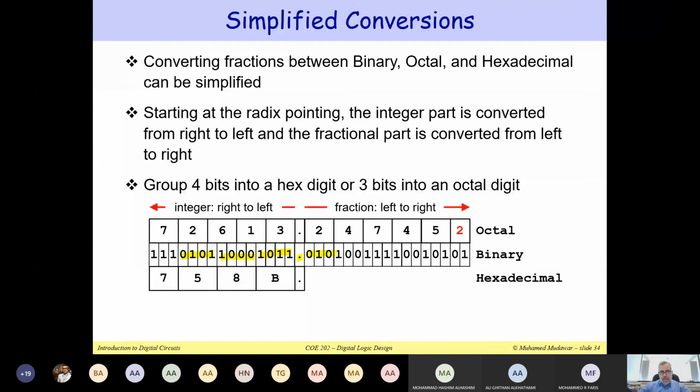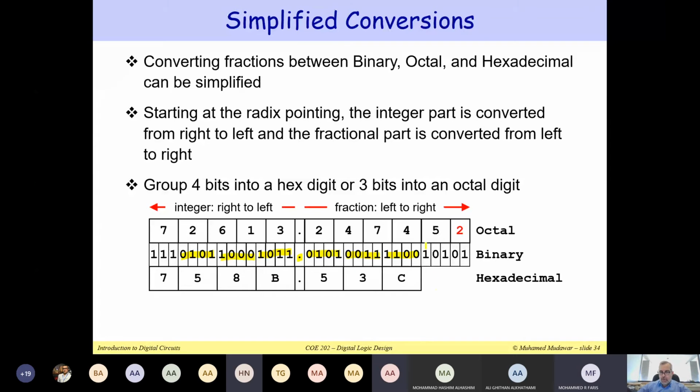Now let us do it for the fractional part. Okay, this is the fraction. So 0101. 5. Excellent. How about 0011? 3. 1100? C, it's 12.